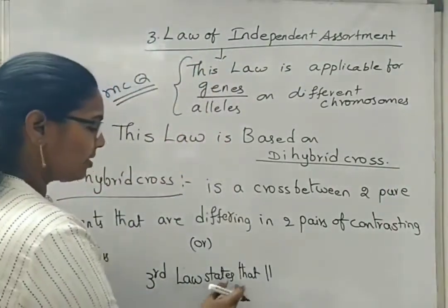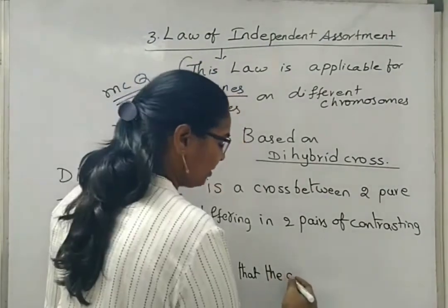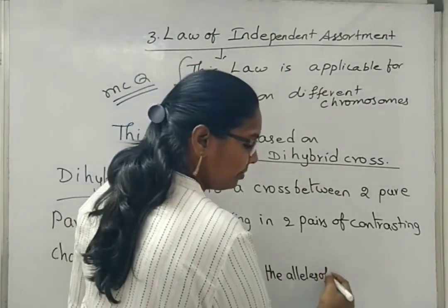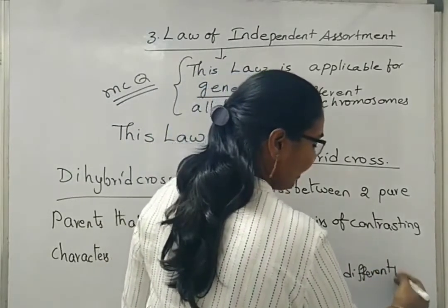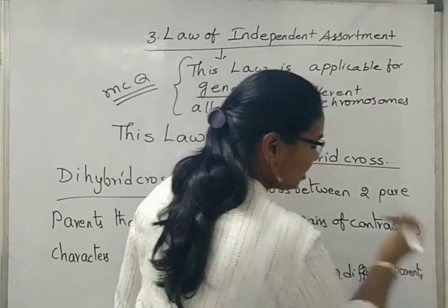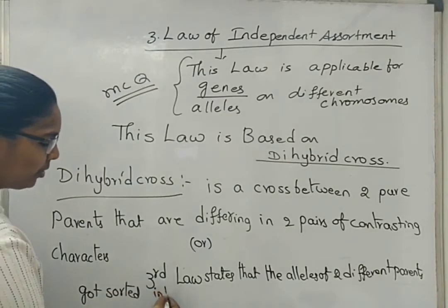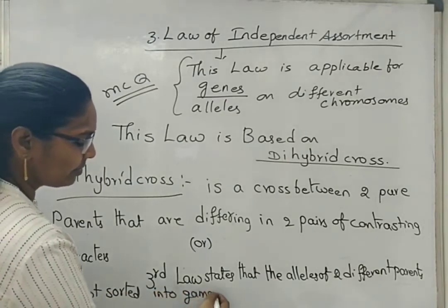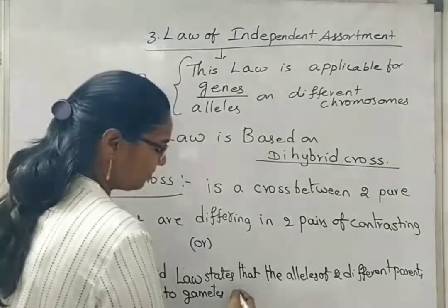Now, the third law states that the alleles of 2 different parents, we can write, or gene forms get sorted into gametes independent of each other.